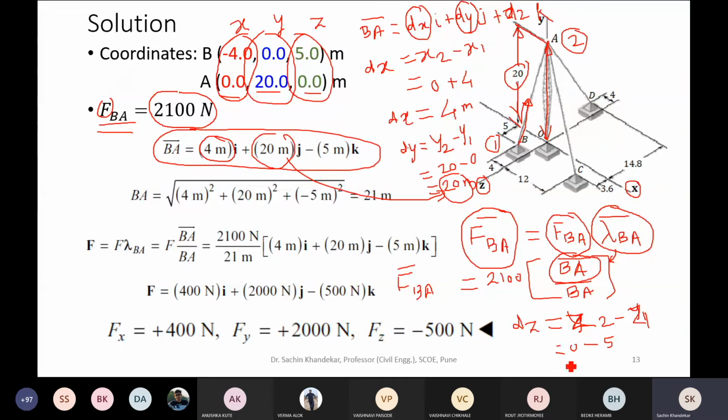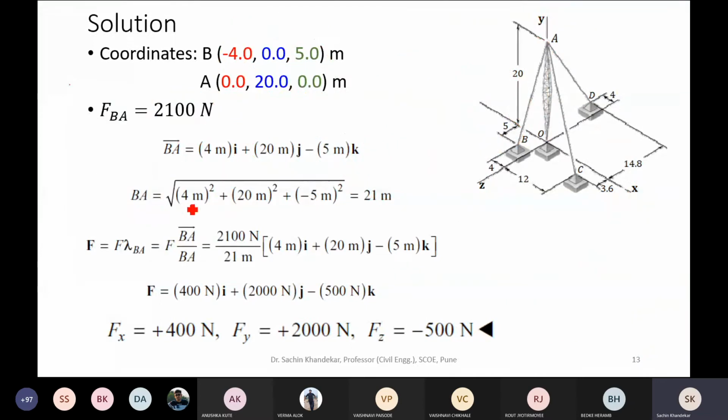So dz is minus 5, that is minus 5k, because I am writing a vector, the line vector BA. So the expression for the line vector BA is 4i plus 20j minus 5k in meter units, right? Then what about the magnitude of this line vector BA? That means the length BA.